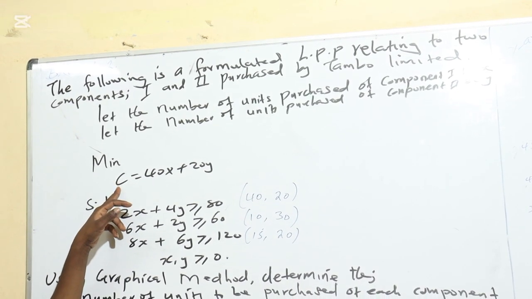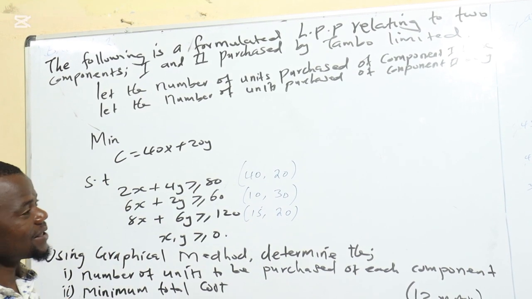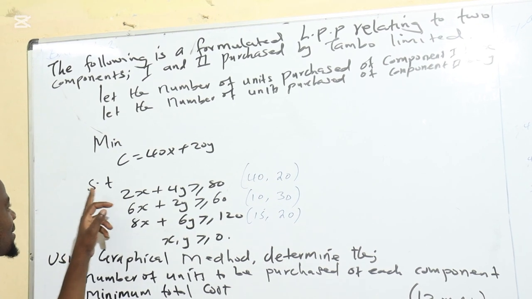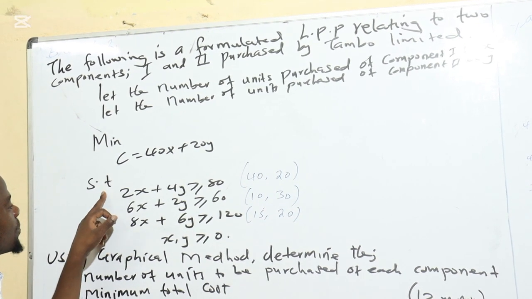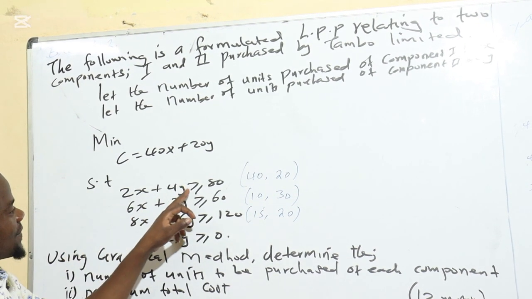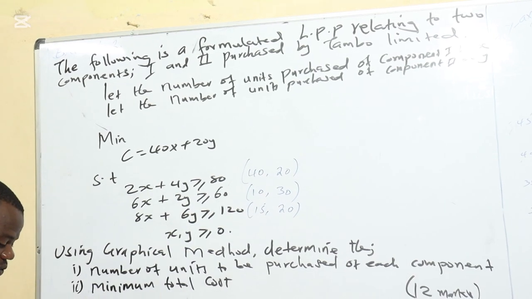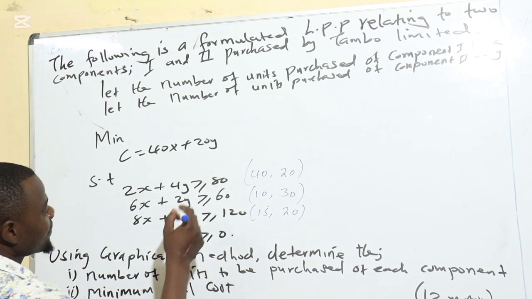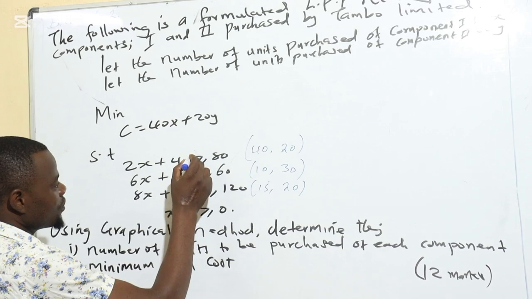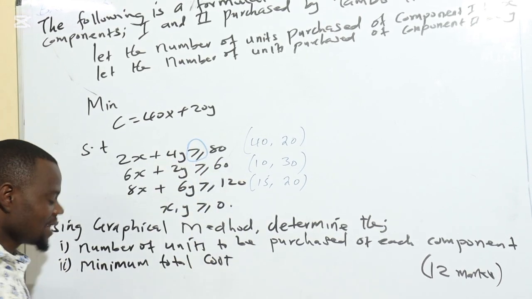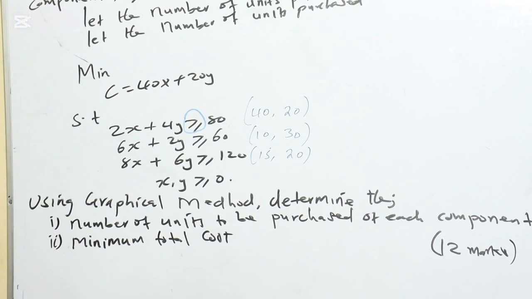The cost is denoted by C, which is 40x plus 20y, subject to the first constraint, 2x plus 4y greater or equal to 80. You can see, due to the minimization problem, they have used greater or equal to.